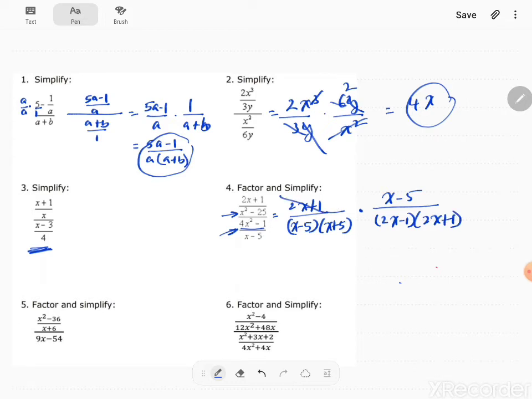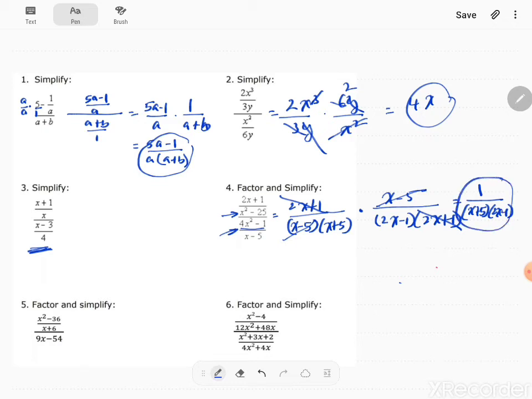Okay, so the 2x plus 1 cancels, so does x minus 5. So the final answer would be 1 over x plus 5 times 2x minus 1.